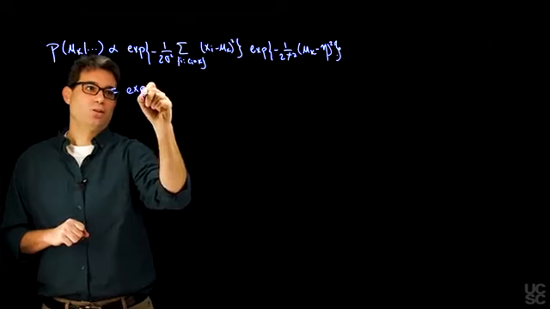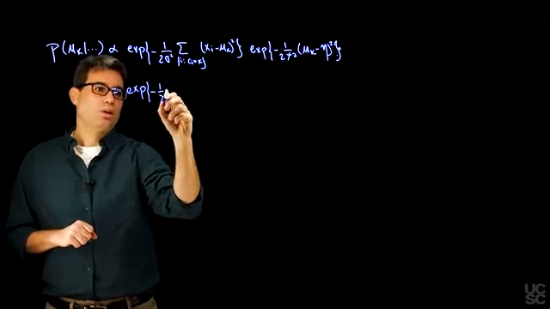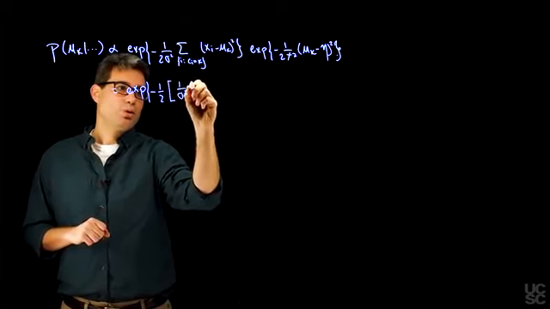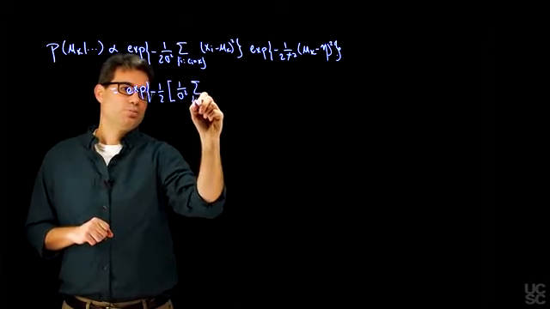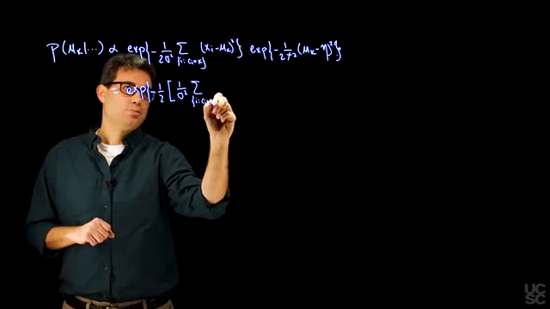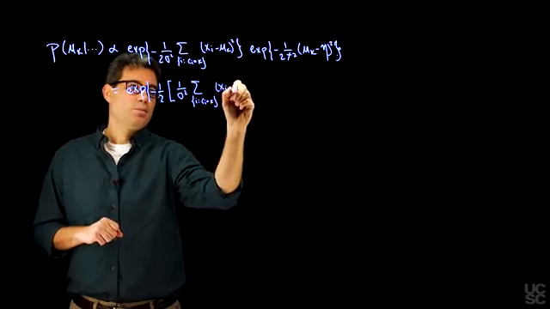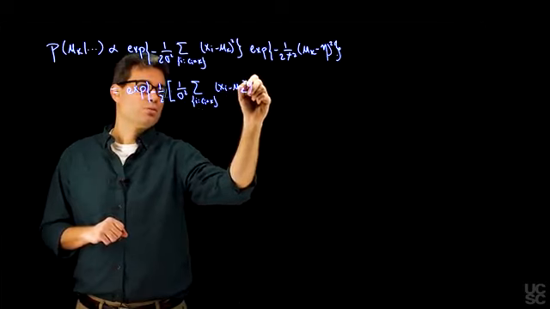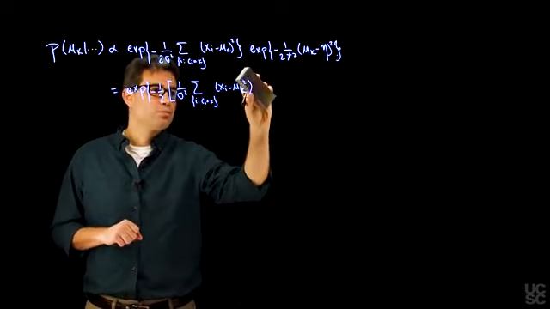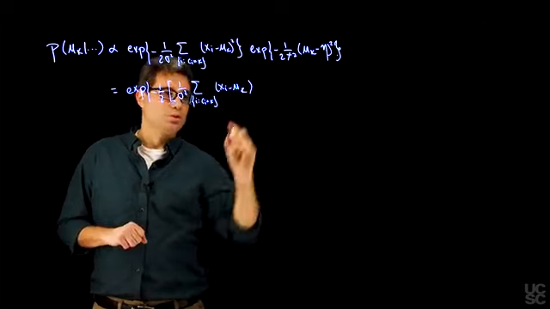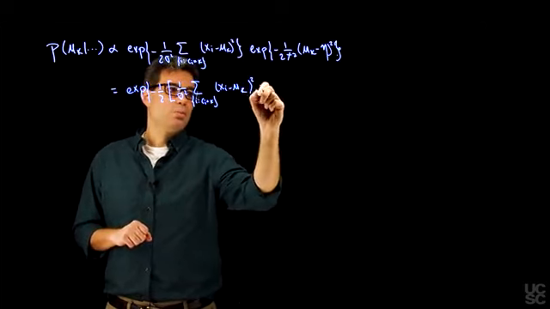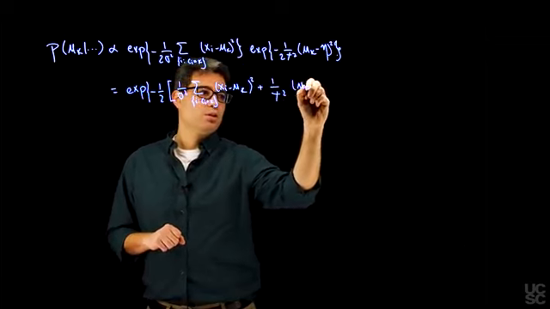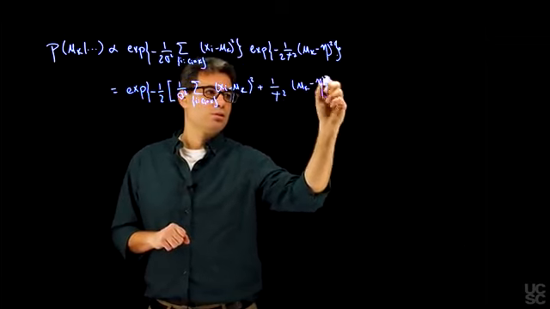So I can rewrite this as exp of minus 1/2 times the quantity 1 over sigma square sum of x i minus mu sub k, squared, plus 1 over tau square mu sub k minus eta squared.